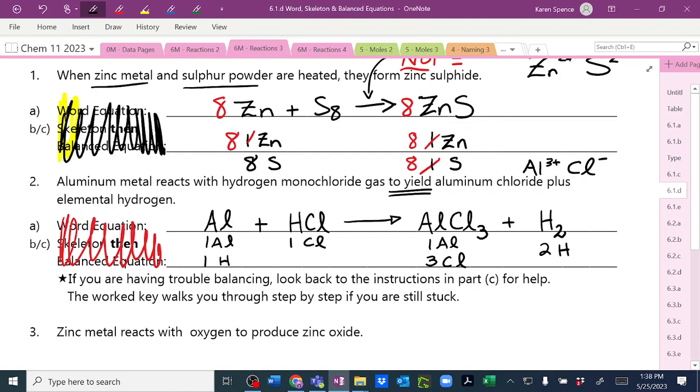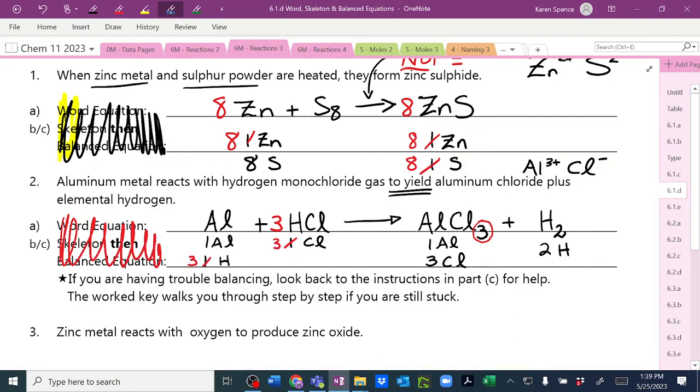Well, aluminum's done, so we're not going to pick aluminum, but let's start with chlorine. I have 3 chlorine on the right, so what do I need to do on the left? I need to put a 3. But that changes both the chlorine and the hydrogen.